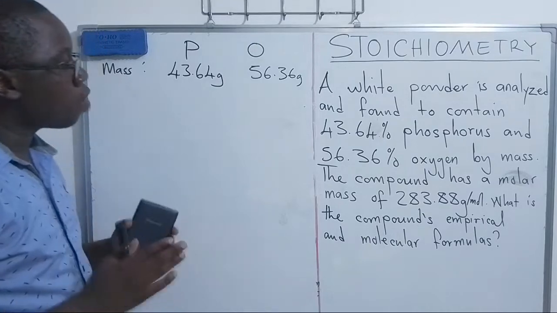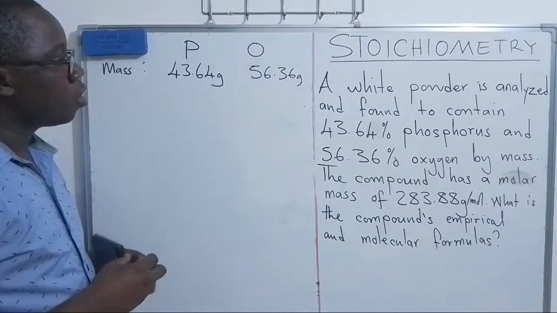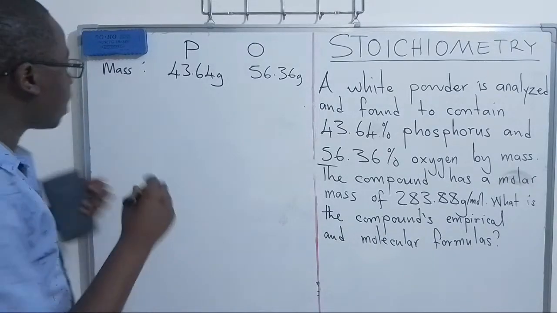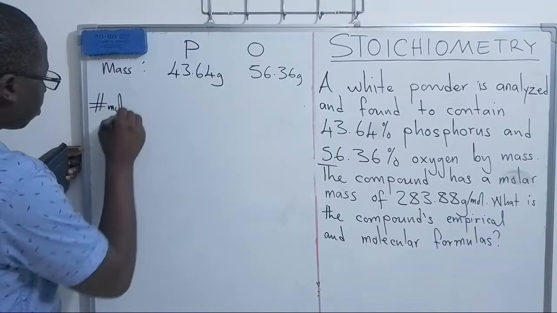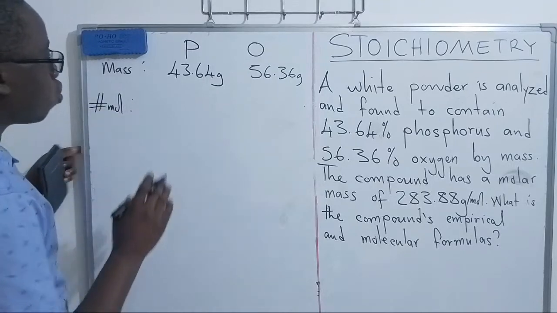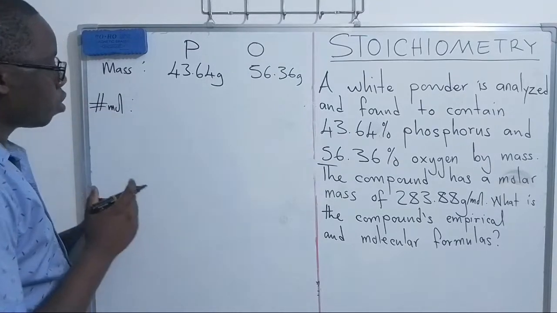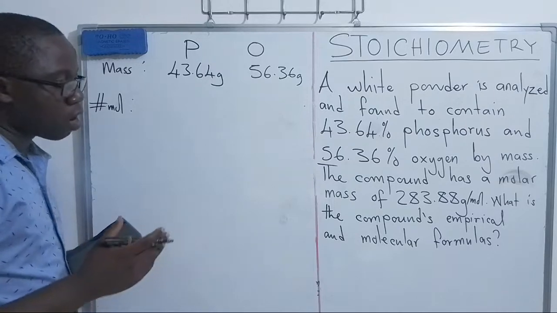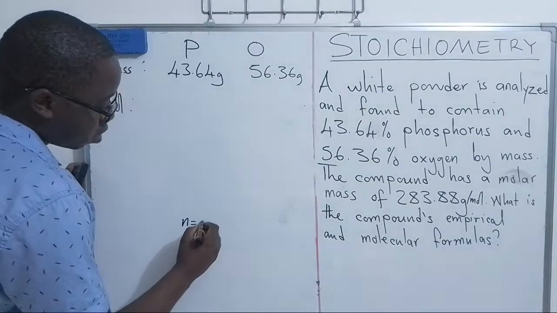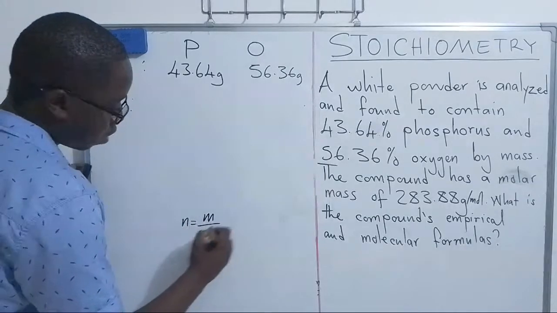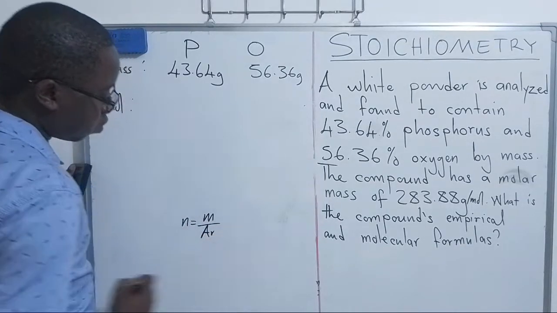Now, after you have the percentage by mass, the next thing is to find the number of moles. So basically, how do you calculate the number of moles? We say number of moles is equal to mass divided by atomic mass.